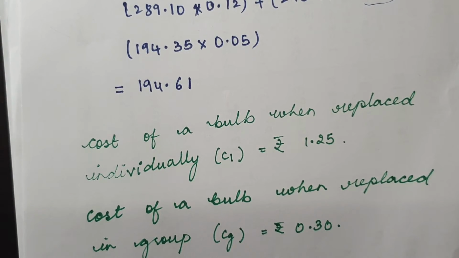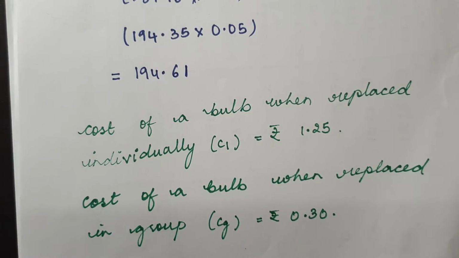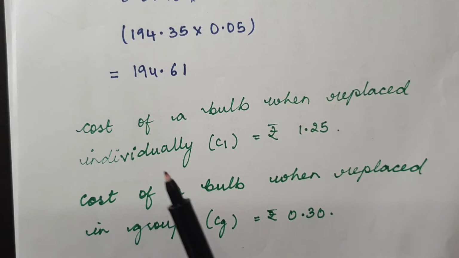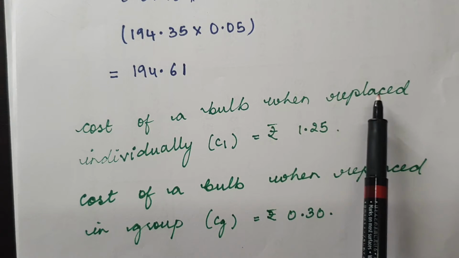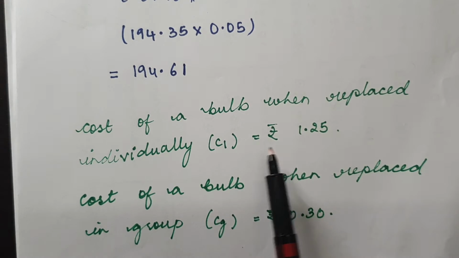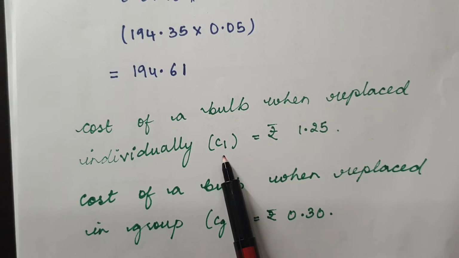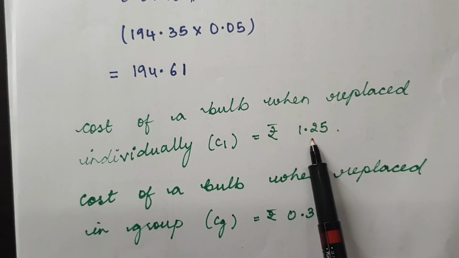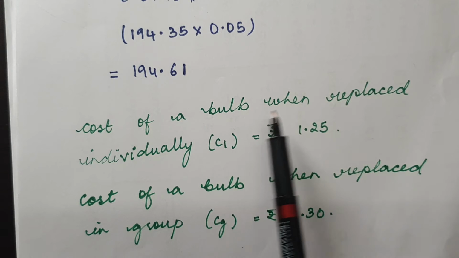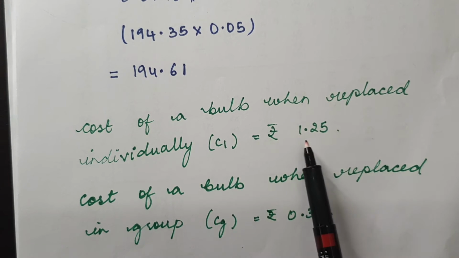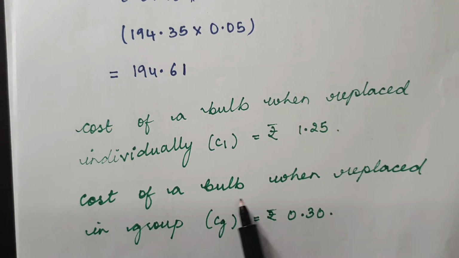After that, what is given in your question, just I wrote that one. Cost of the bulb when replaced individually, I told you that is designated with the letter C1. How much is that? 1.25. Cost of the bulb when replaced in a group, CG, that is 0.03.